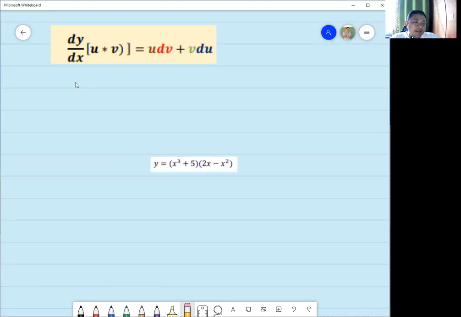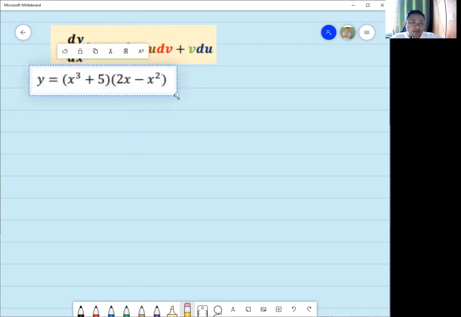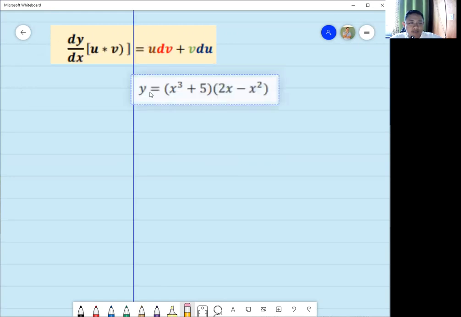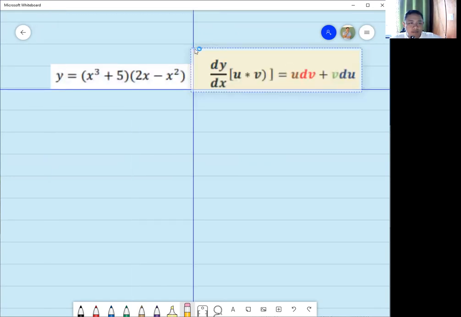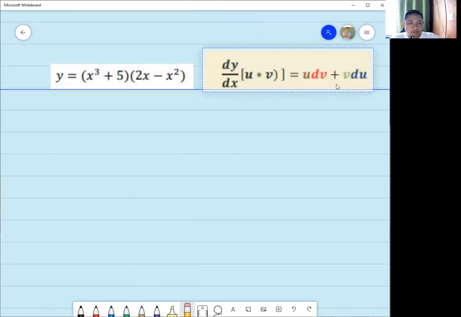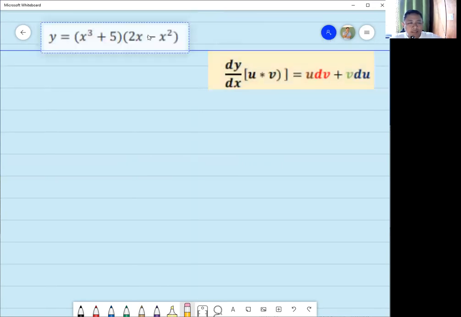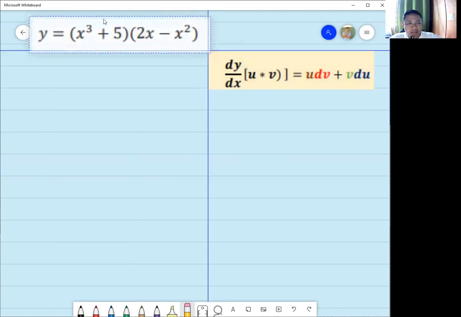Okay, find the derivative of this given. Go. Once you're done, kindly type your answer in the chat box.